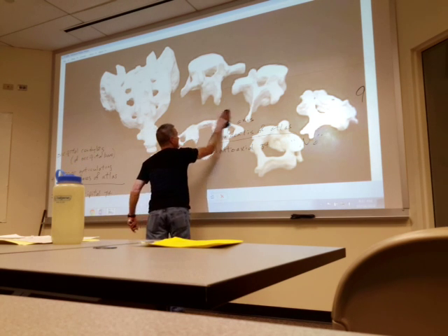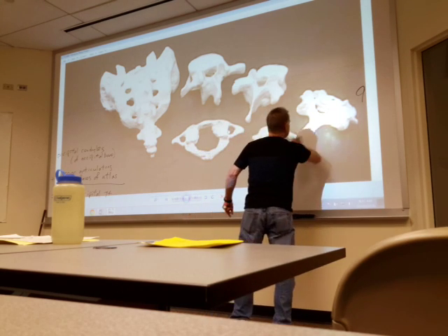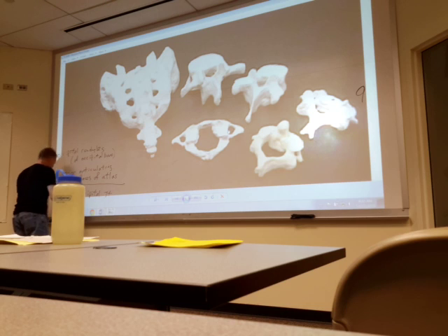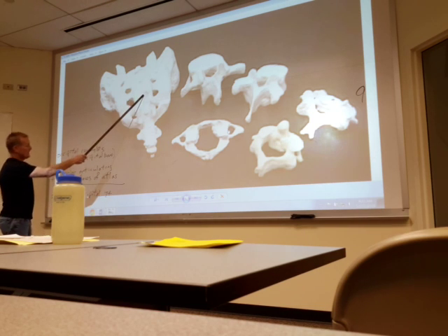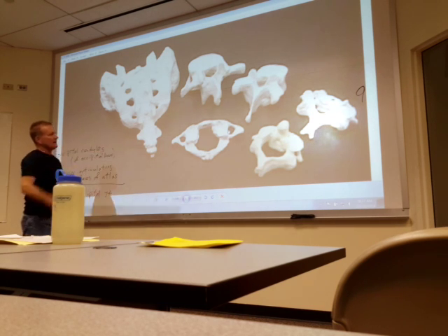On the left, you have the sacrum and the coccyx. They're connected to each other in this picture. The sacrum, of course, composed of 5 fused sacral vertebrae. Then over here we have the other types of vertebrae, and typical vertebrae.